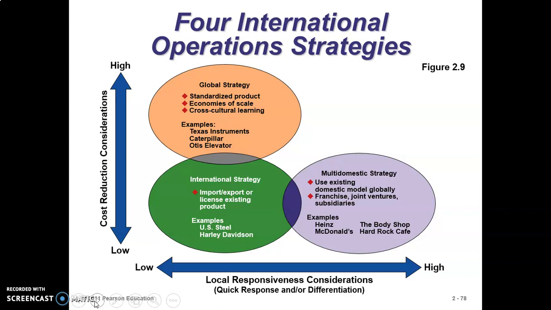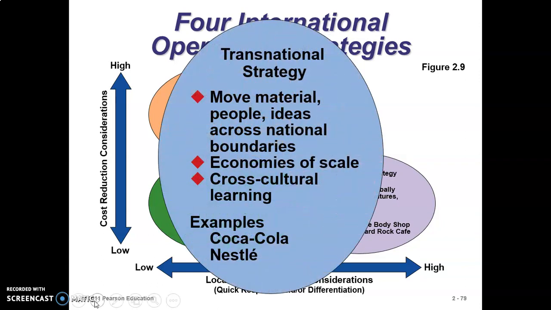Okay, so this kind of company considers local responsiveness and local considerations very much. But in terms of cost, they have low cost consideration because people will buy the product at whatever price. Okay, and the last strategy is the transnational strategy, where they move material, people, and ideas across national boundaries.